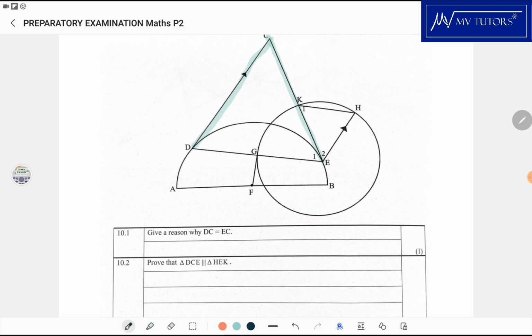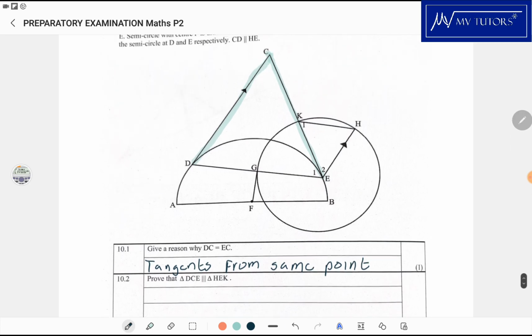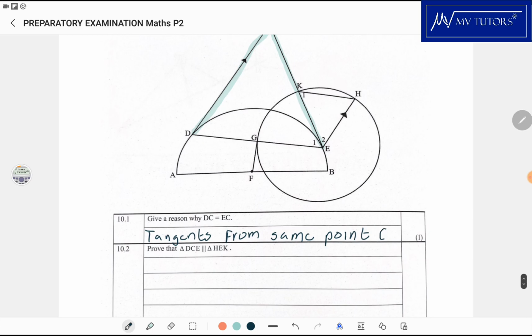The theorem here is because they are tangents from the same point, and that point is C. So you're just going to write tangents from the same point, and that point is obviously C.